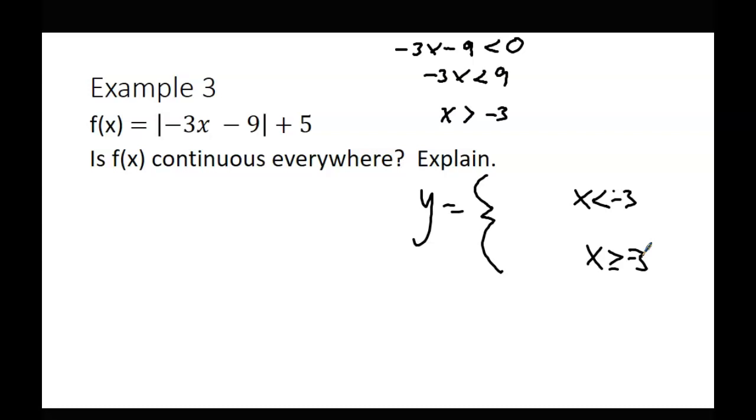So what I'm going to do is write negative parentheses negative 3x minus 9 plus 5. And then for the top where it's less than negative 3, it won't change the sign in front of the parentheses. Because when you divide by a negative, when you're doing inequalities, it reverses it.